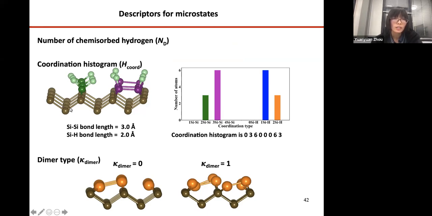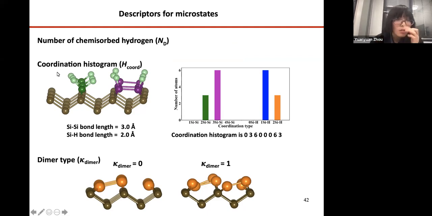The coordination histogram is defined, for instance for these structures, only for the top silicon atoms. There are 6 silicon atoms marked as purple balls here, and each is coordinated with 3 other silicons and 1 hydrogen.